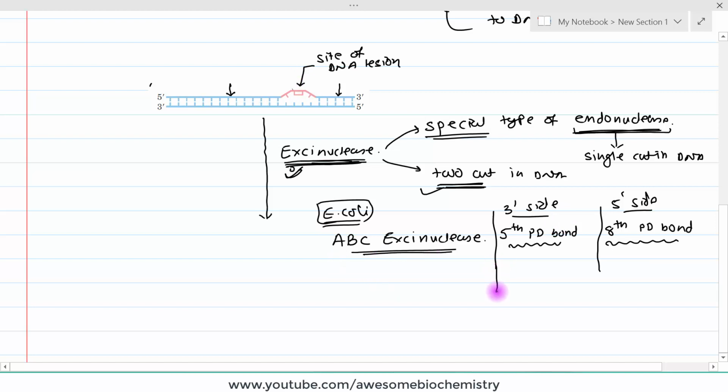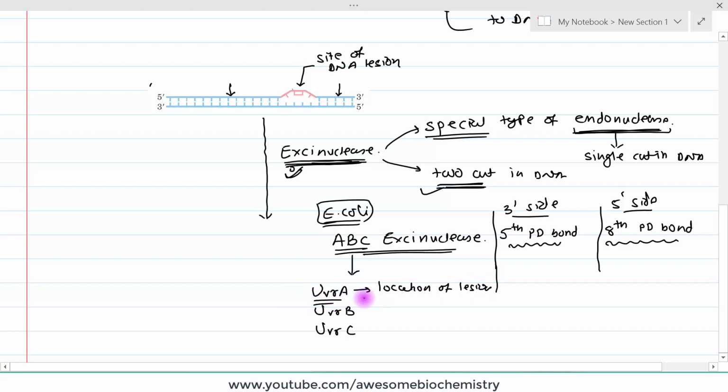Now, the name ABC excinuclease is given because 3 different subunits work in this ABC excinuclease, and those subunits are UvrA, UvrB and UvrC. UvrA is used for the location of the lesion.